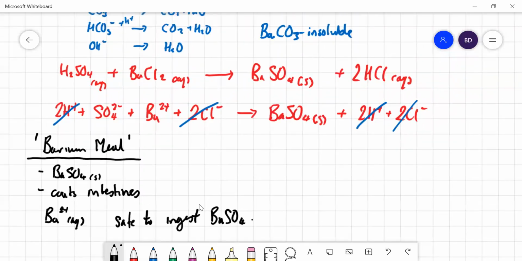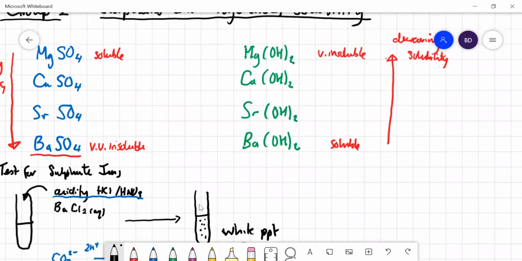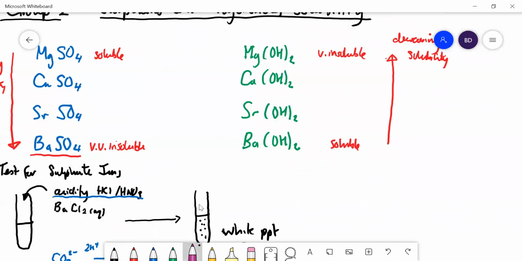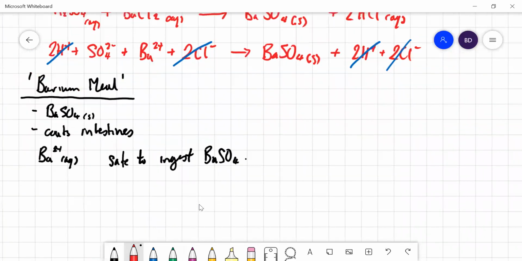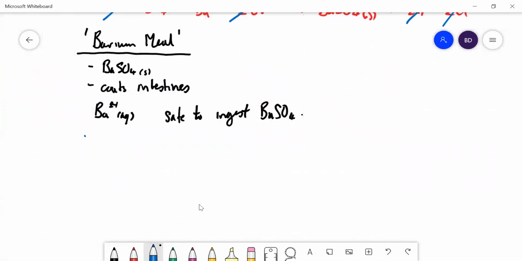Another medical use we'll mention is with magnesium hydroxide. Magnesium hydroxide is used as an indigestion remedy. I think it's called milk of magnesia or something. It is very insoluble, so it's safe to eat.